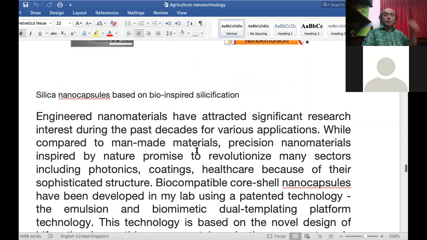While compared to man-made materials, precision nanomaterials inspired by nature promise to revolutionize many sectors, including photonics, coatings. For example, some agriculture product, you can make nano coating to increase the shelf life, or nanomaterials, if you can make nano coating like fertilizer.